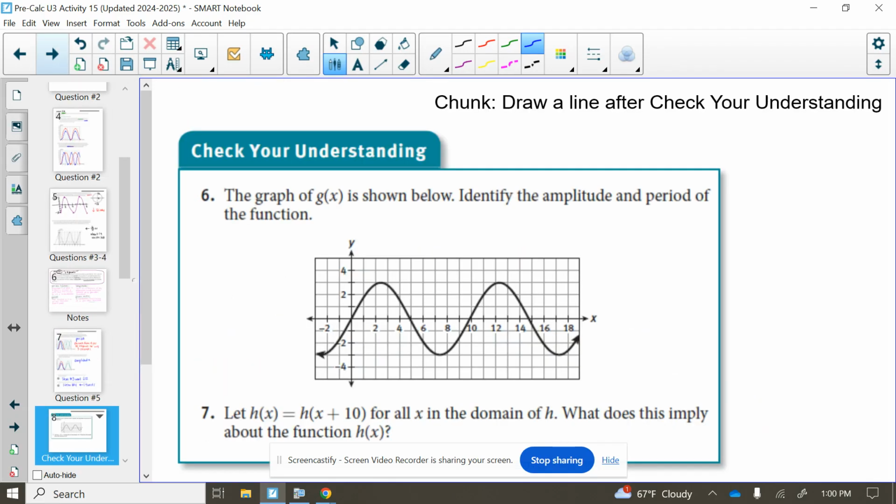Now, those are for some of the graphs that we were in charge of creating. We also are going to be asked to identify the amplitude and the period given a graph. So again, for the amplitude, you want to check out 2 things. What is my max point? And what is my min point? In this case, we have a max at 3, a min at -3. So the total distance between these two would be 6 units.